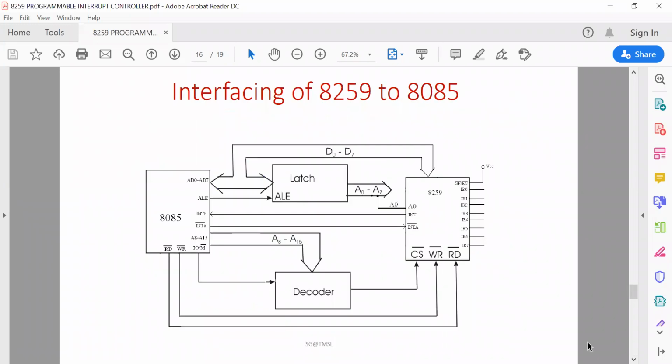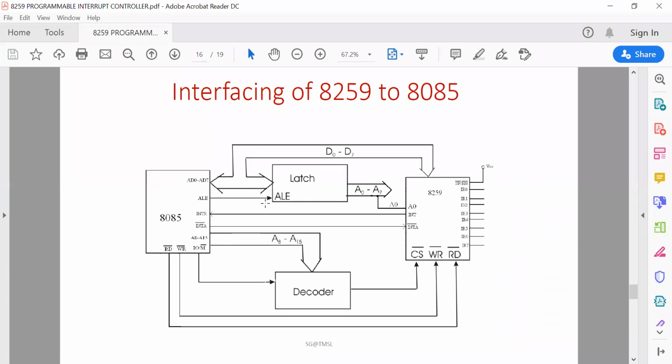And here next is the interfacing diagram. So here 8085 and 8259 are given, and you can change it to 8086 also. In that case the address lines will be 20 if it is 8086, and the address and data lines will be 8 in this case.